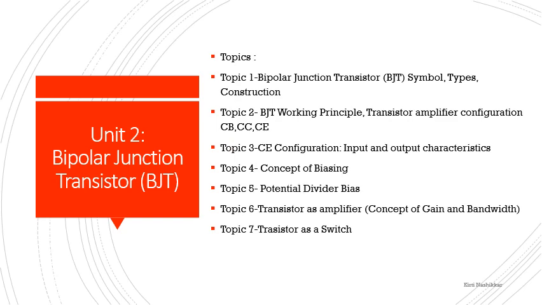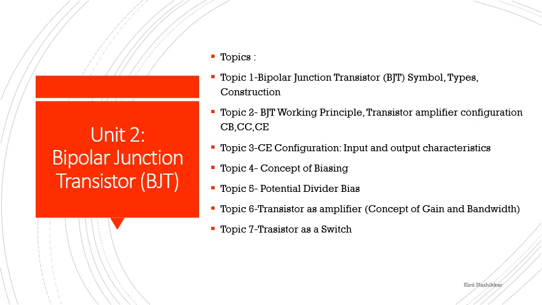So in this unit we had discussed the BJT, its types, construction, principle, various transistor amplifier configurations, its input and output characteristics, and how we are going to bias the transistor. One of the very popularly used transistor biasing methods is the potential divider bias, that was also discussed.